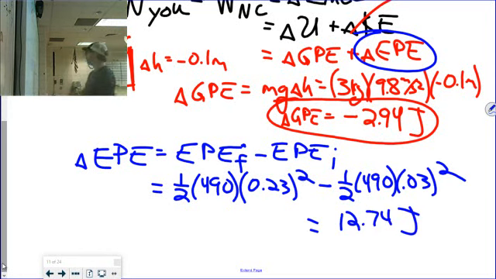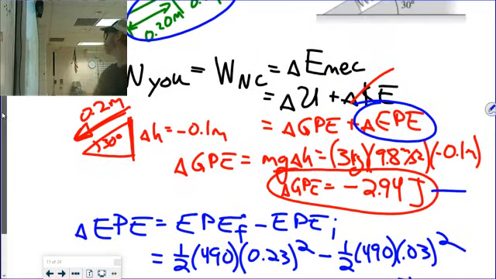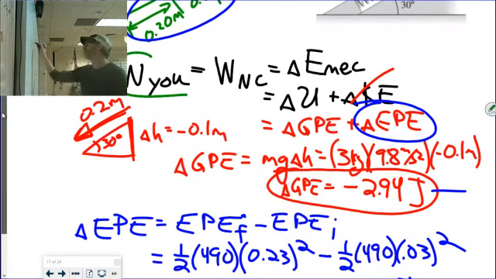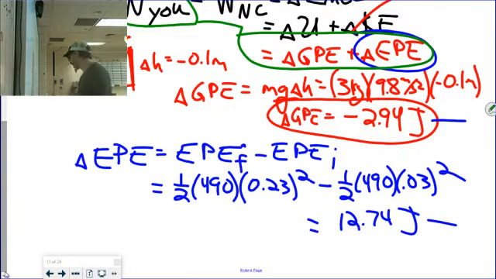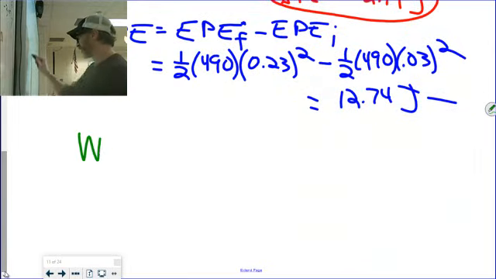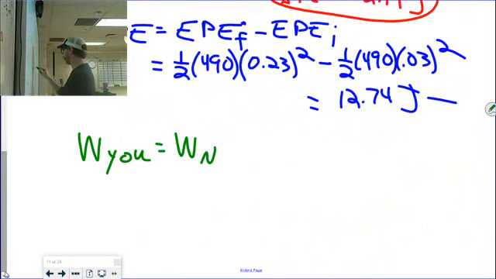So when you squish it, you lose this much GPE, you gain this much EPE, and so going back up to here, that means that the work that you did is equal to our change in total energy, which in this instance is just GPE and EPE, right? Sorry, my board's getting totally cluttered here. So the work that you did, to recap, is equal to the work done by non-conservative forces.